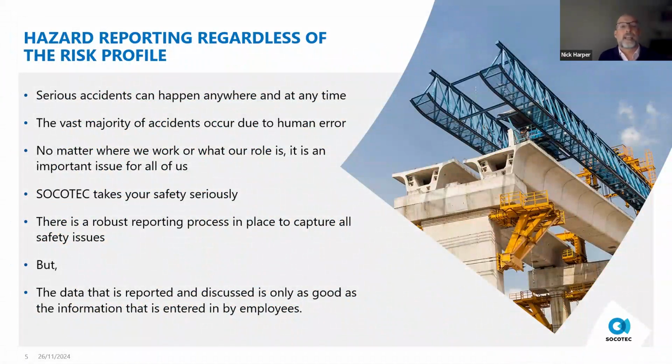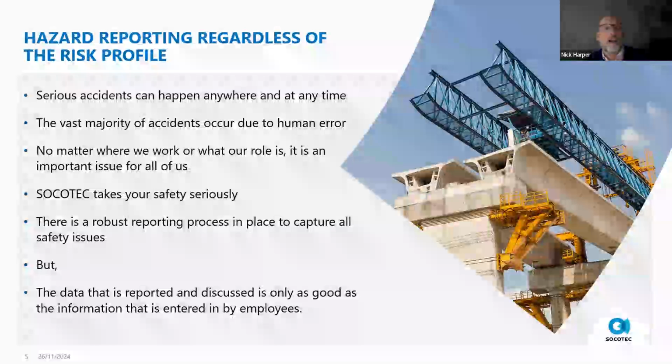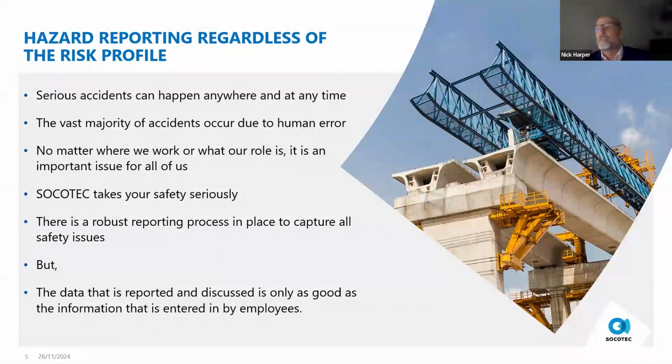So around 88% of accidents are down to some form of human error. There are 420 people in the division, and each one of those will, during the course of their working day, come across something which they've either admitted to do or walked past and not reported, which creates a risk or a hazard of some description.